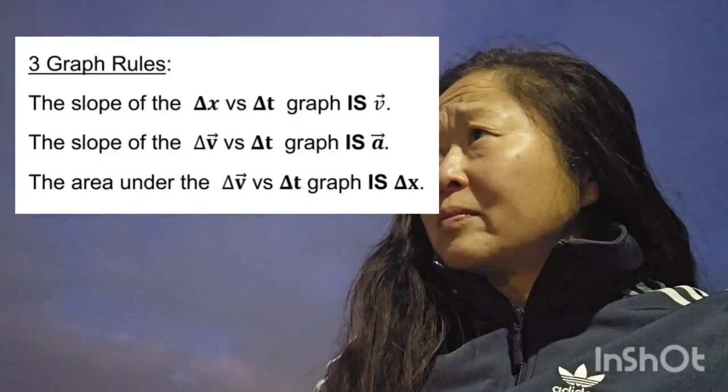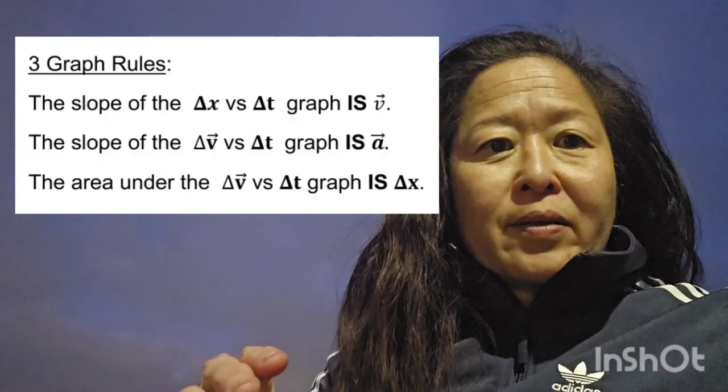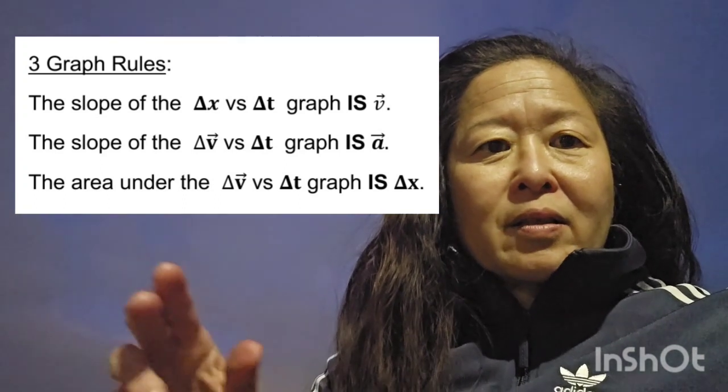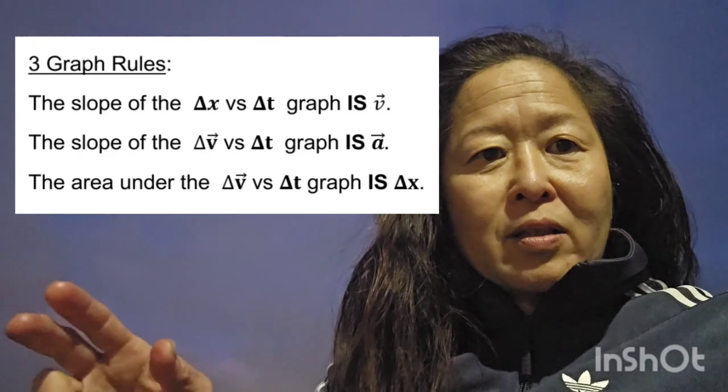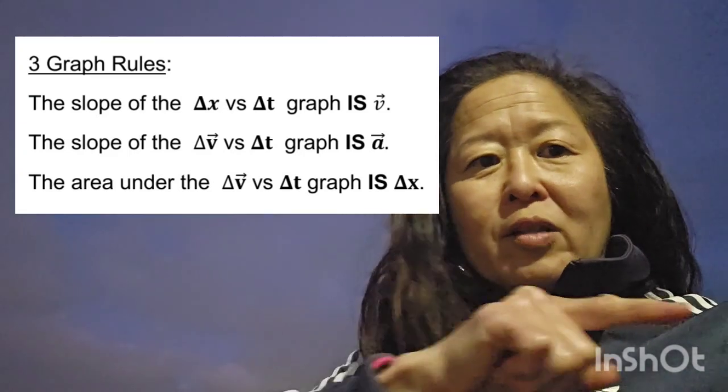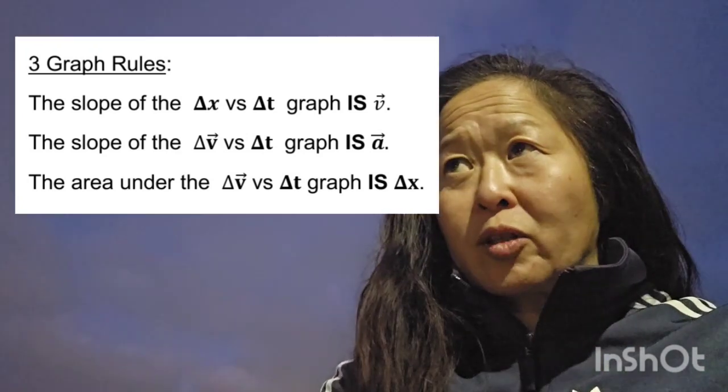Now, if your course also includes graphs, you need to just memorize these 3 rules for the graphs. The first one is the slope of the change in position, delta x, versus delta t graph. So that means the delta x would be on the vertical axis and the delta t would be on the horizontal axis.